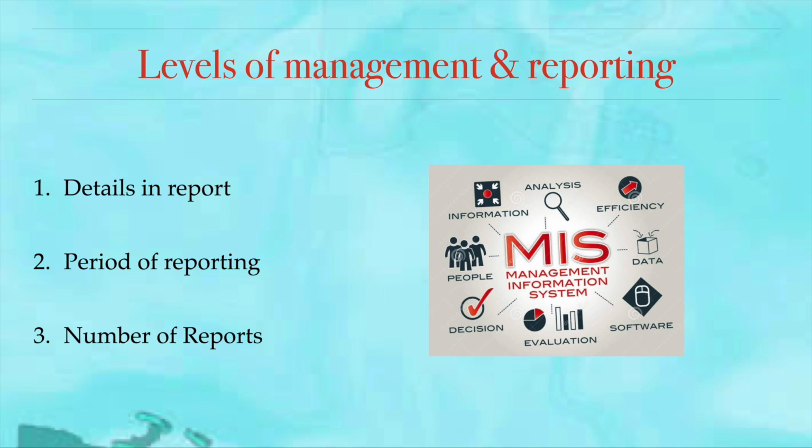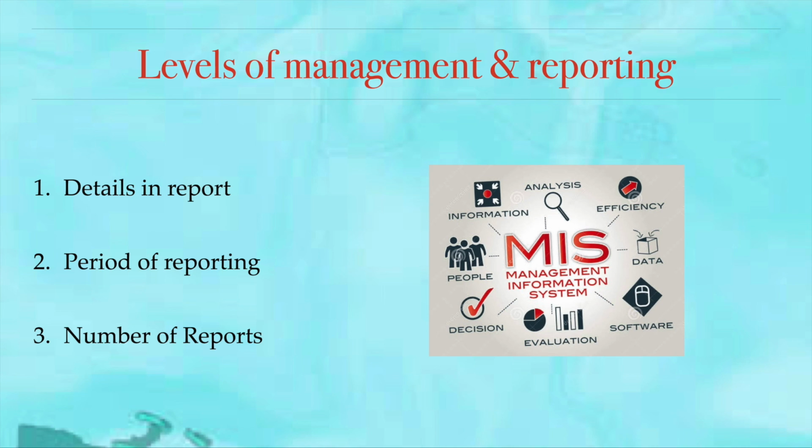Third one is number of reports. For low level management, the reports must be fewer, and for higher level management, the number of reports must be higher, because for low level management you're just giving the details, instructions or duties, right?